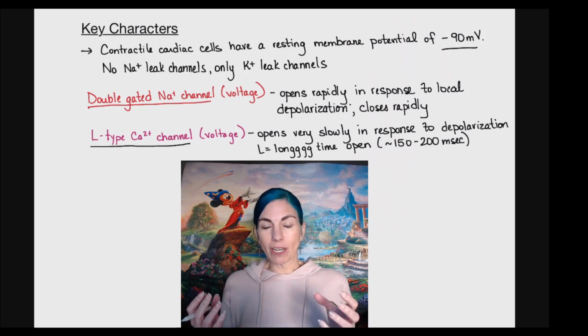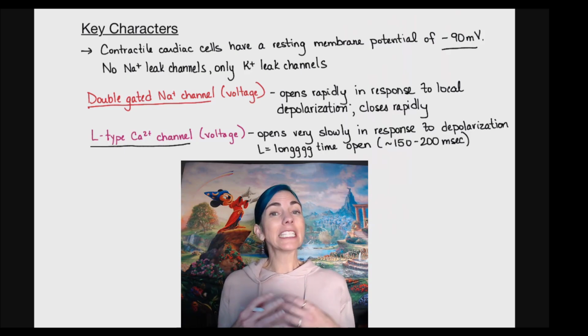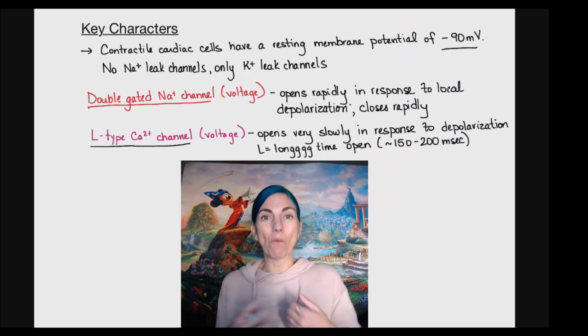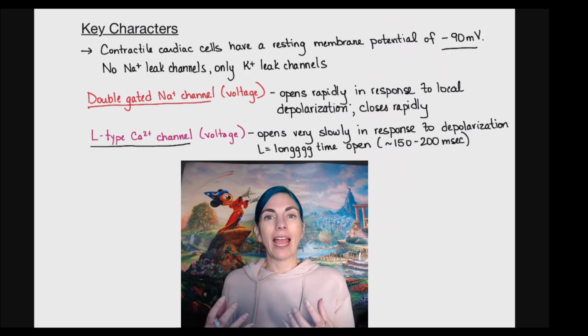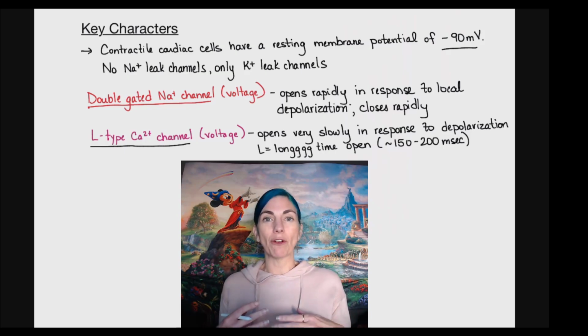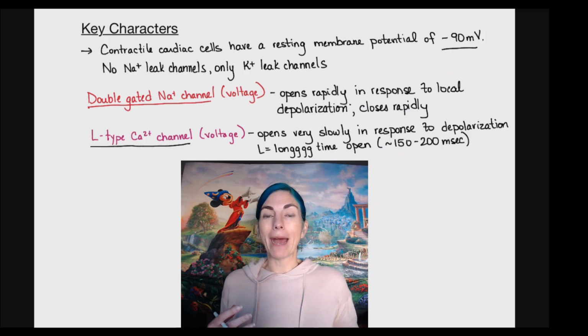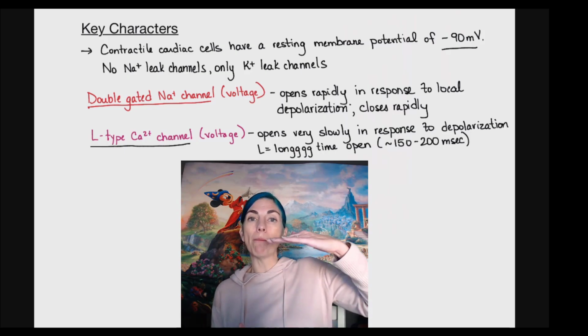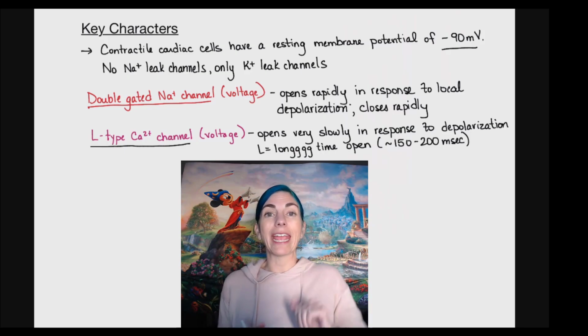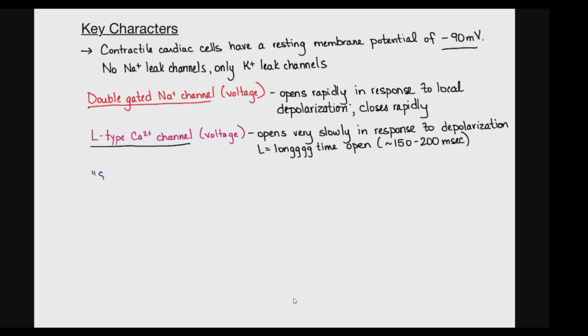The default position of this voltage-sensitive potassium gate is to be open. So this is new for us. We've not seen this before, to have an open potassium-gated channel. As long as the membrane potential is in negative territory, so below 0, the gate is open. But when the membrane potential goes above 0, so it shoots up and depolarizes into positive territory, the gate closes. So we're just going to call this a special potassium-gated channel.